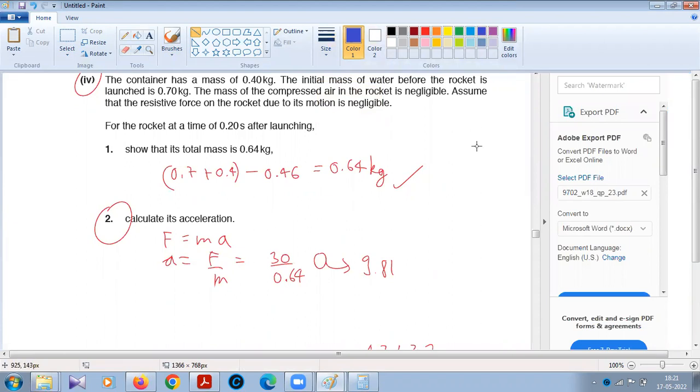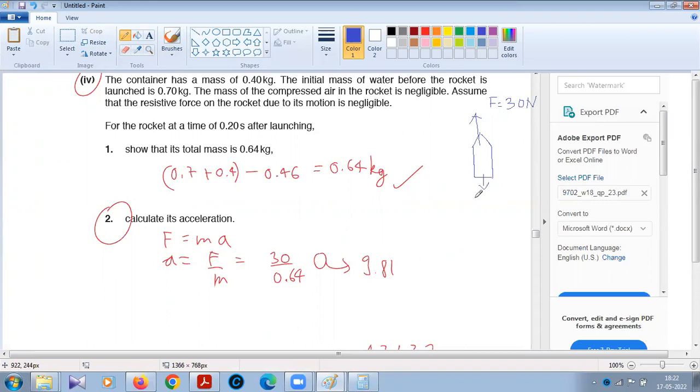See here what is happening. Suppose this is the rocket here somewhere. It is experiencing some force, F is equal to 30 Newton in the upward direction. But then there is a weight also that is acting, that is m into g.